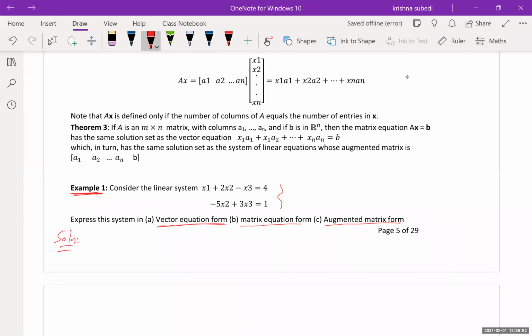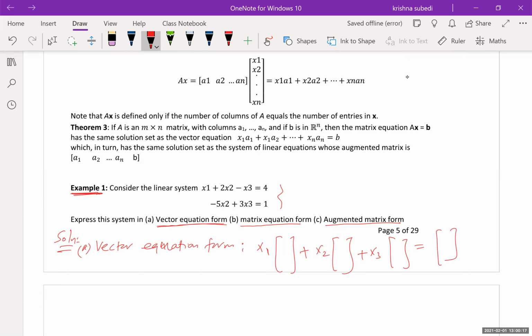So in vector equation form, x1, and we have a vector, plus x2, write a vector there, plus x3, write a vector there, equals this way.